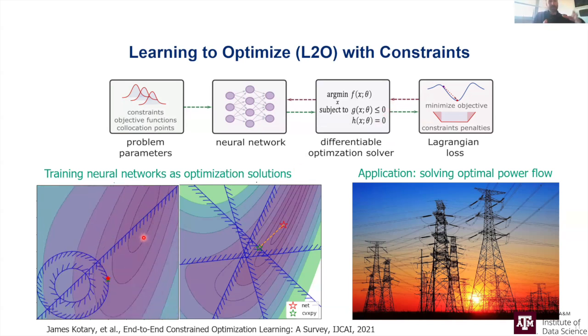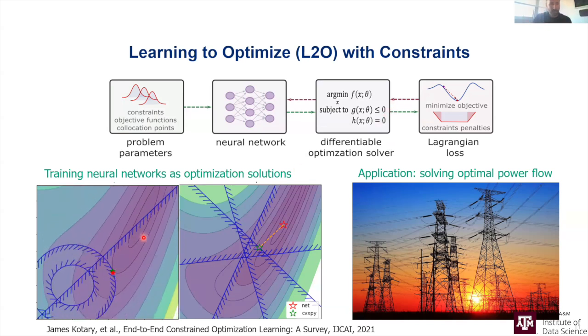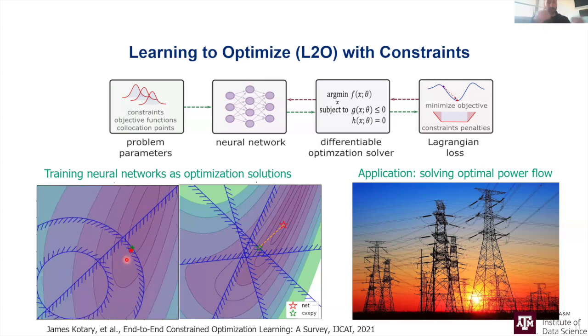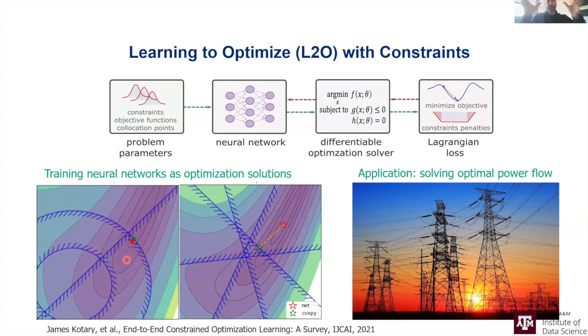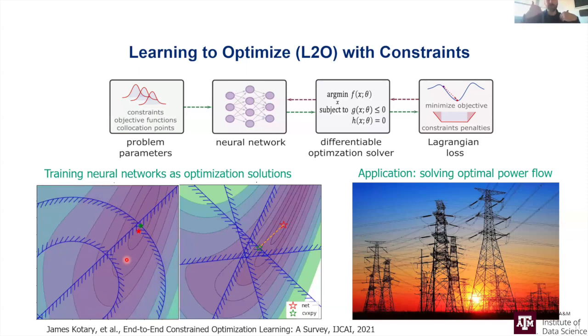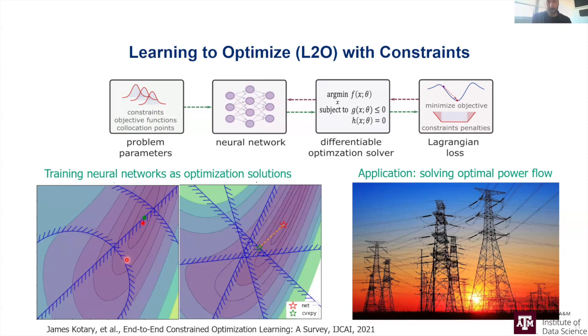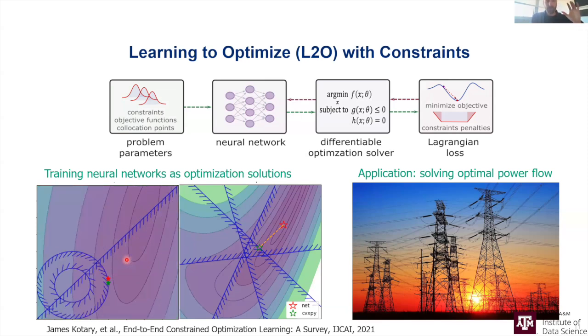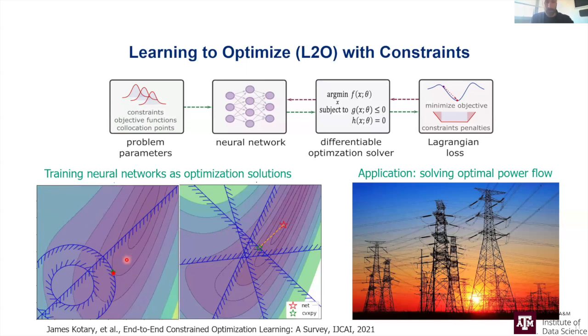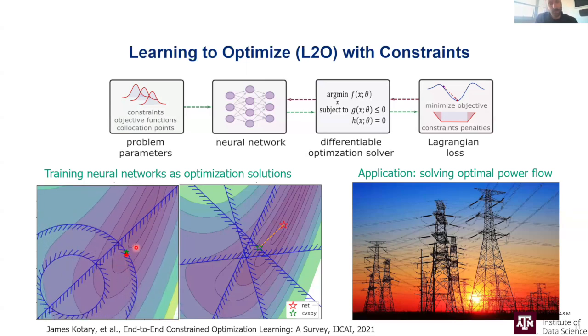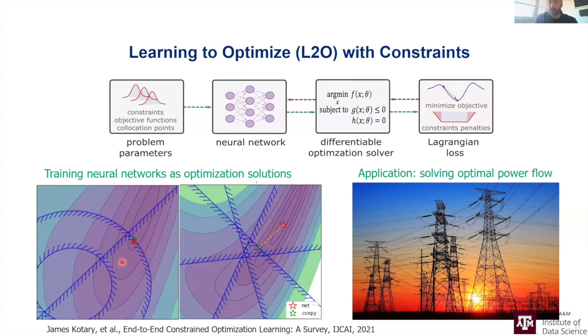So you can see that there is a functional dependency of the optimal solutions to this problem with respect to changes in the parameters of this optimization problem. And that's what this learning to optimize approach is trying to find, the mapping between these parameters and the optimal solutions, which is not an easy problem, because we are typically talking about really high dimensional problems with thousands or hundreds of thousands of decision variables. And here I'm just visualizing an academic example in 2 dimensions.